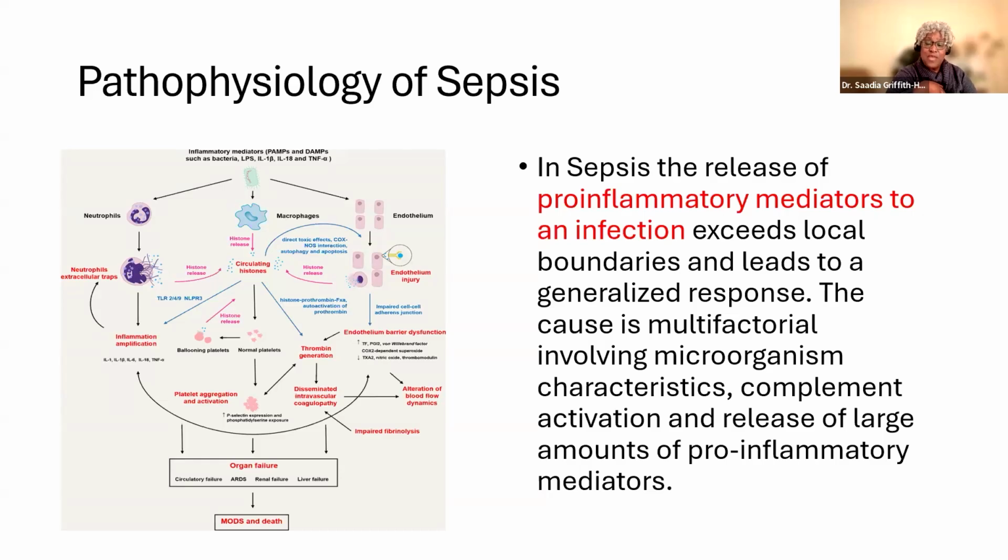It can be the reaction of the body to those microorganisms, but also to toxins that those microorganisms may make, or characteristics of cell walls, etc., that activate the system. It also involves complement activation and the release of large amounts of pro-inflammatory mediators. So again, you can see it is a complicated situation with feedback loops that in normal situations would control the amount of inflammation.